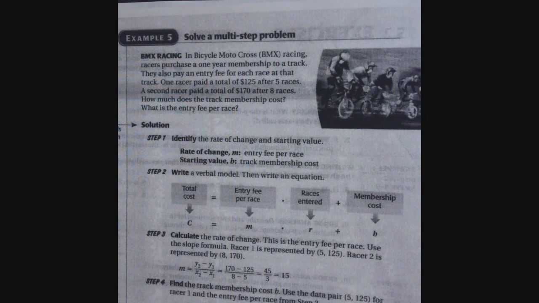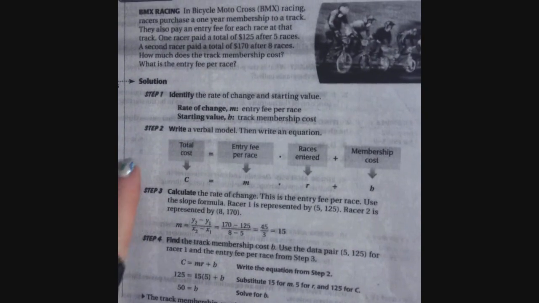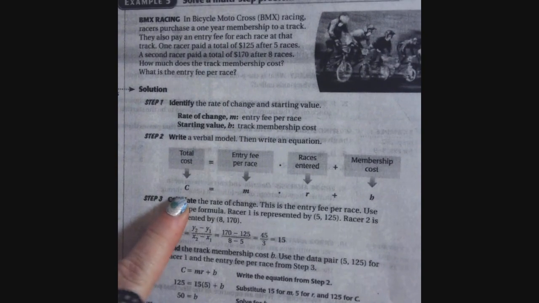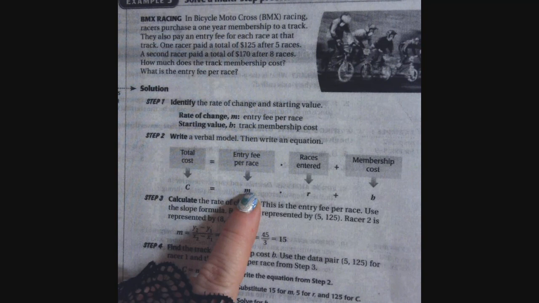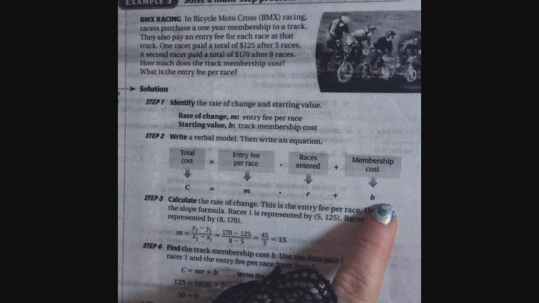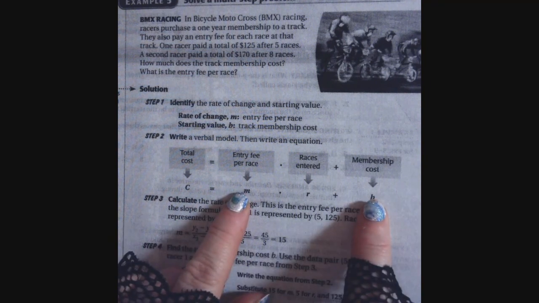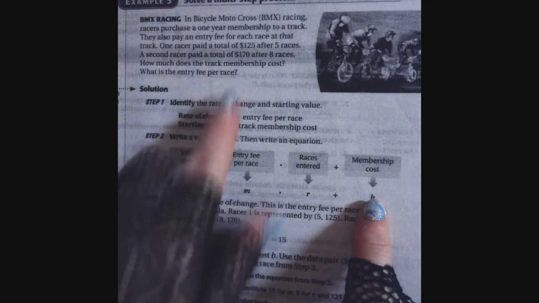So those are your 2 ordered pairs. If you find the slope, you're going to find how much each race costs. So you're going to put C for cost, and the entry fee, that's your slope, and they put R for races, and then B is the membership cost. So we are trying to find the membership cost and the slope. So obviously we're going to find the slope first.